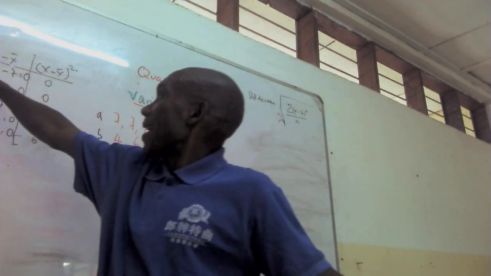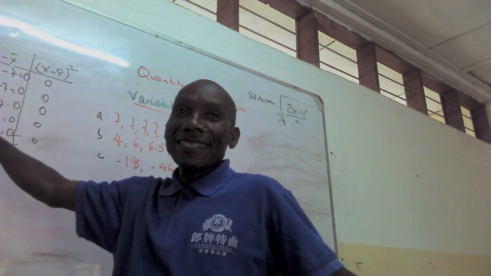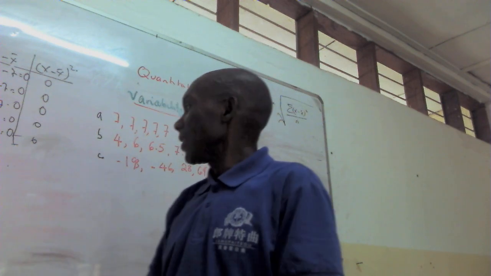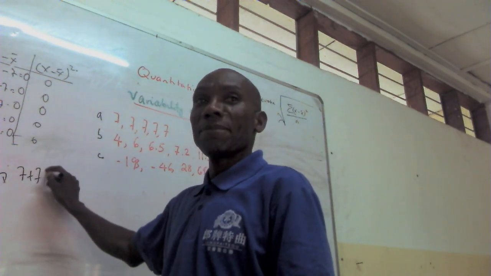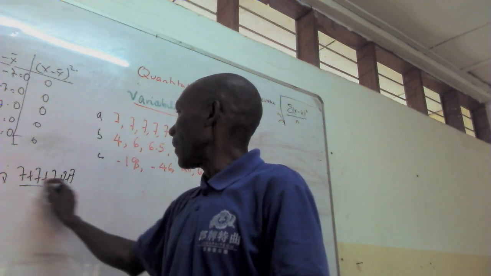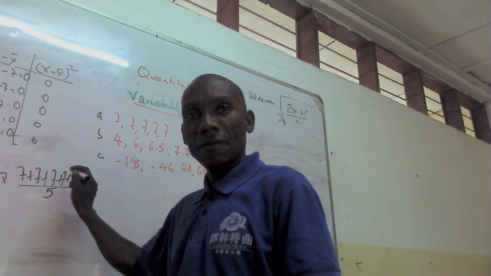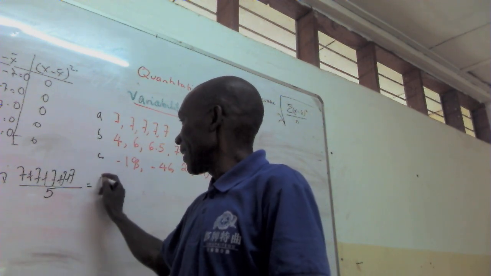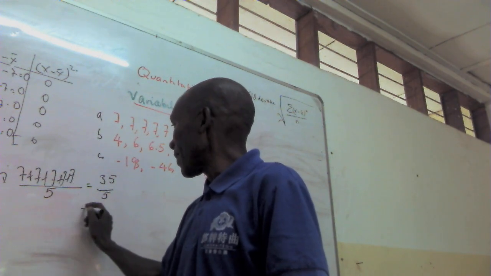You add this plus this plus this plus this plus that. In other words, 7 plus 7 plus 7 plus 7 plus 7, divided by what? 5. The answer is 7.